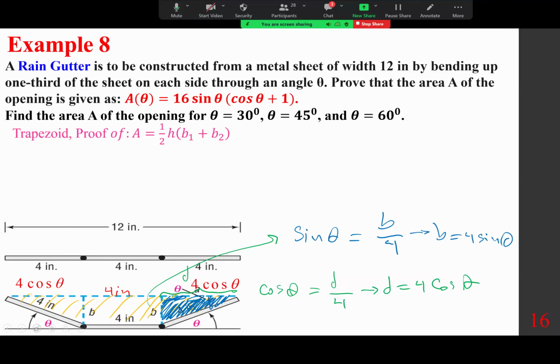So the height is 4 sine theta. B1, the smaller side or base, is 4. B2, the largest one, this side, add up these 3 pieces, which is 4 cosine theta, 4 cosine theta, which makes it 8 cosine theta. So let's plug in. Into this goes A equals 1/2 the h, which is 4 sine theta, and B1 plus B2.